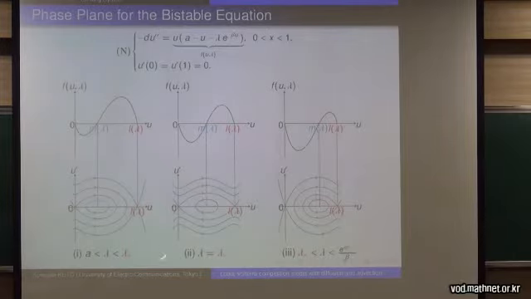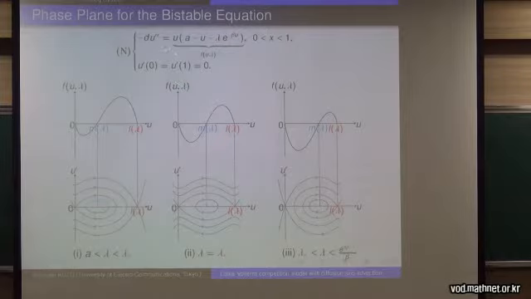If lambda is less than the balanced number lambda star, you can find the homoclinic orbit from the origin to the origin here. If lambda is larger than this balanced number, there is a homoclinic orbit from L to L here. But in the special case when lambda is equal to the balanced number lambda star, there is a heteroclinic orbit from the origin to L. And this is a well-known property.